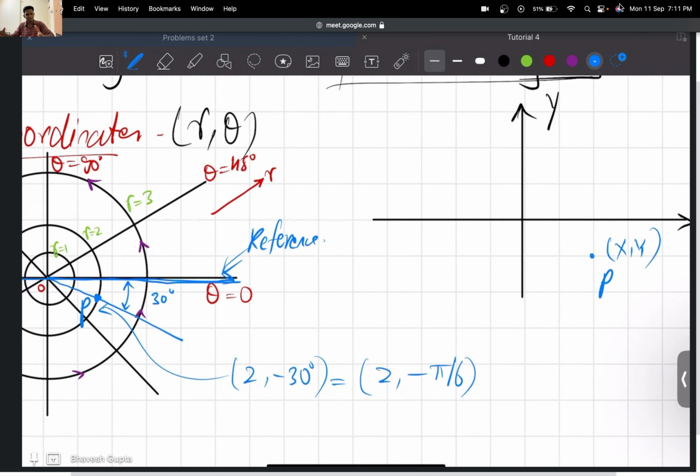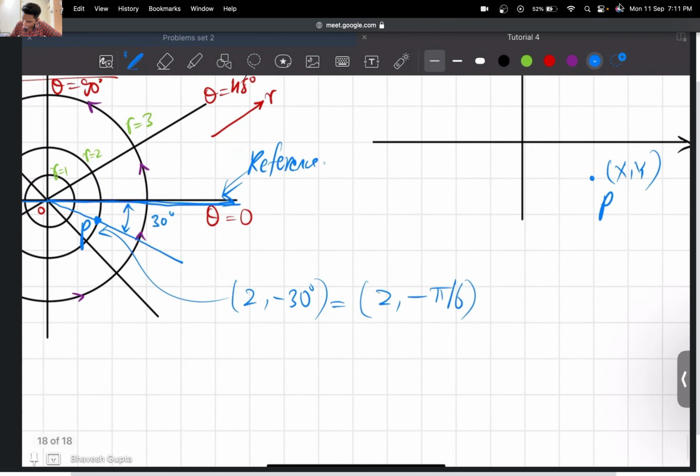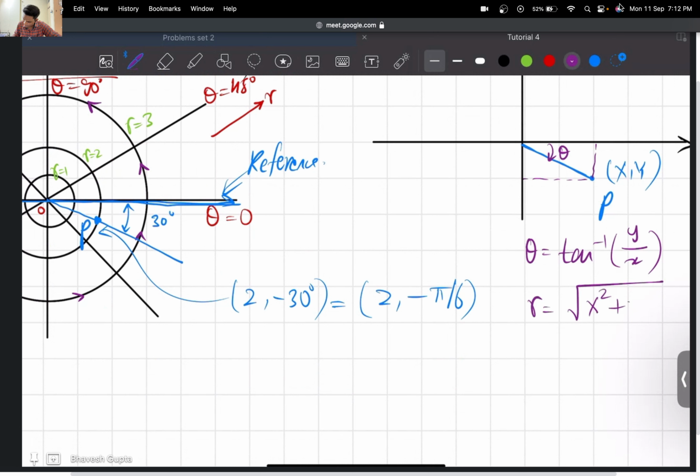And in case you wonder how to calculate this, this was my point, and this is my angle. So my angle is minus tan inverse y over x, and r turns out to be the square root of x squared plus y squared.